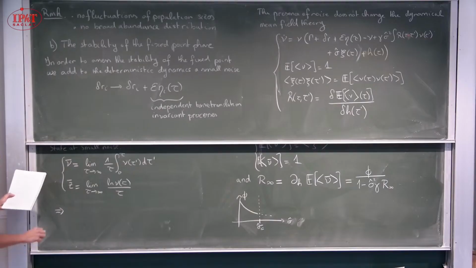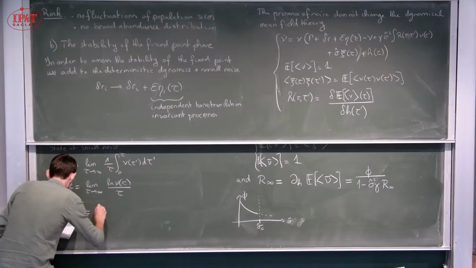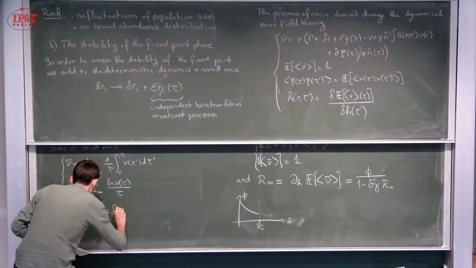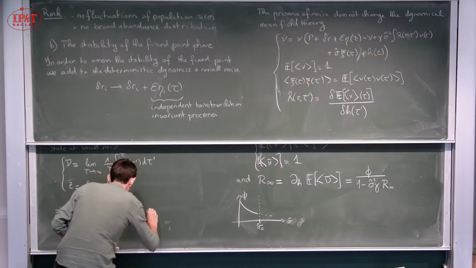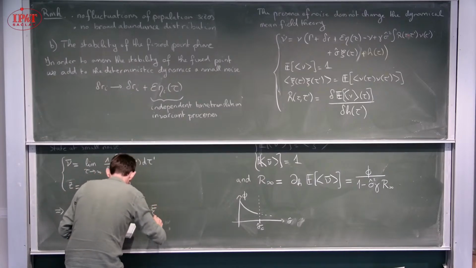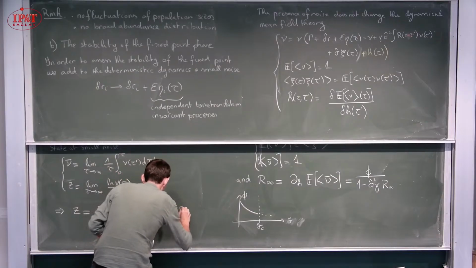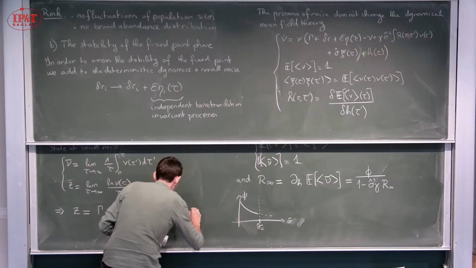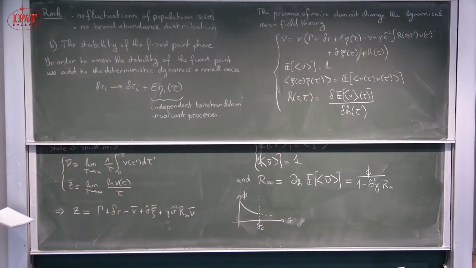And once you do this, what you get is that z bar, or z, is equal to gamma plus delta r minus nu bar plus sigma hat phi bar plus gamma sigma square r infinity nu bar. That we had derived before when we looked at the generalized Lotka-Volterra dynamics.